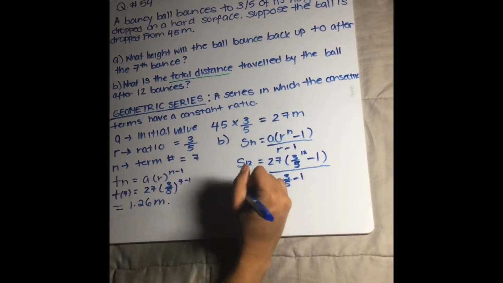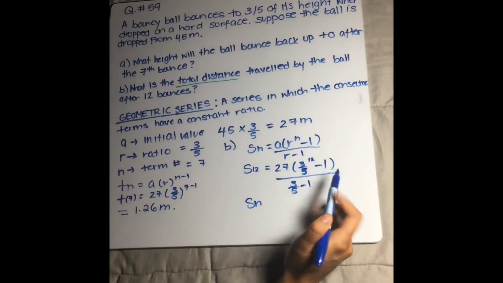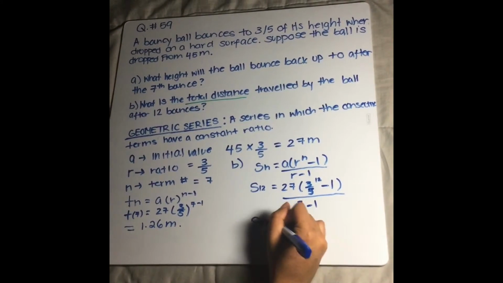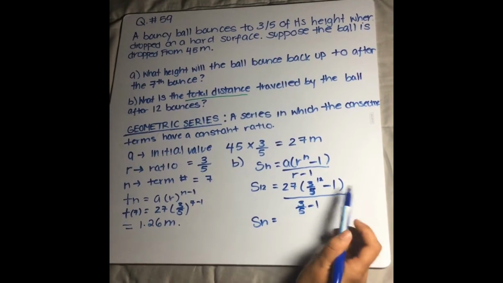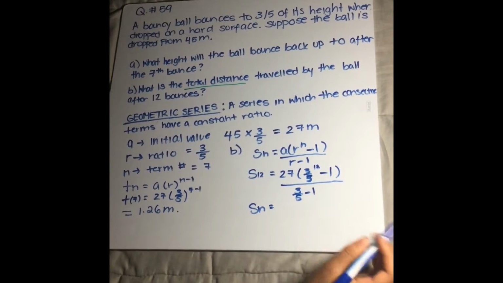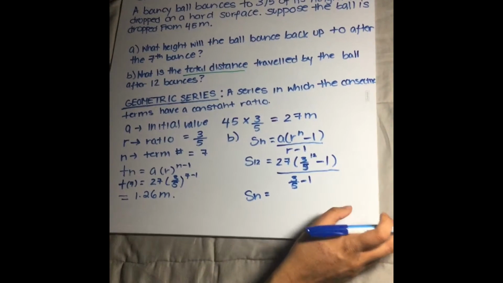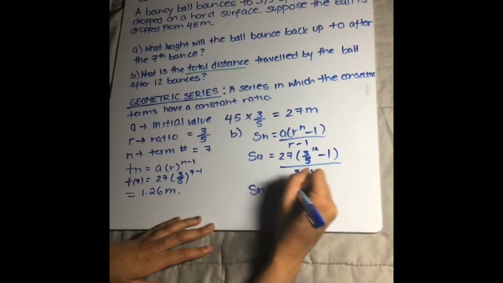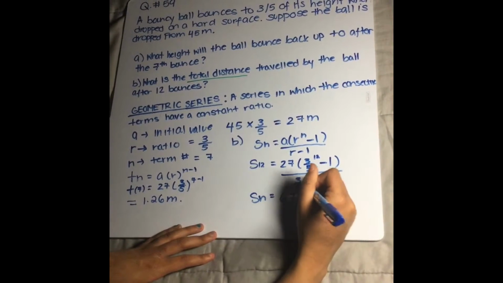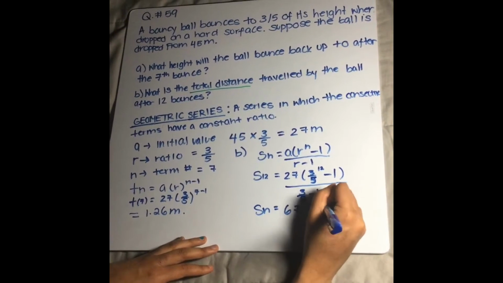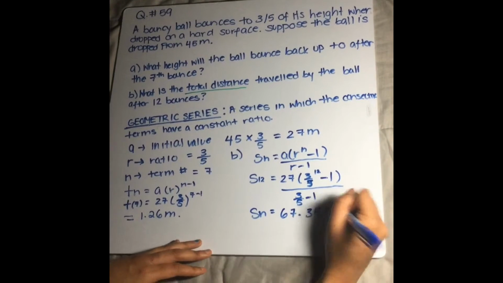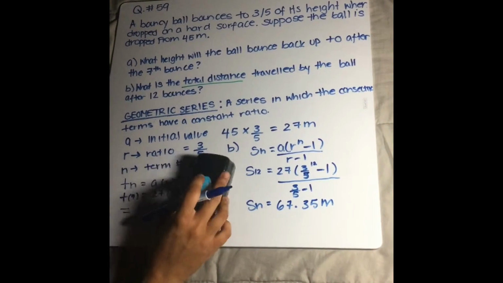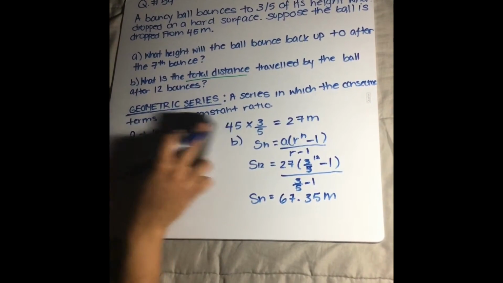Once you have calculated the numerator, just divide that by 3/5 minus 1, and you end up with a value of 67.35 meters.